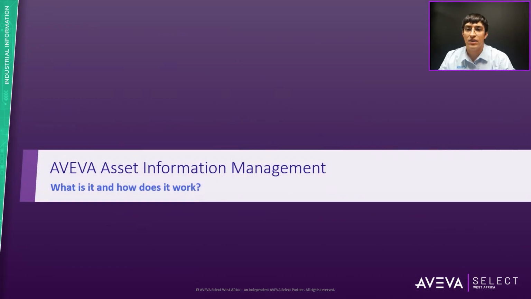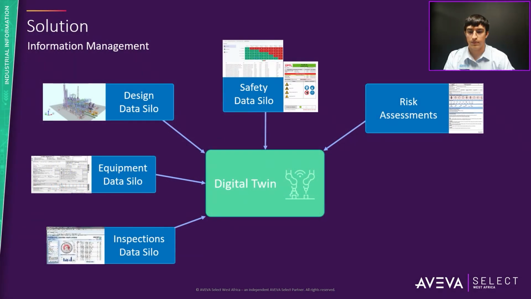AVEVA offers a solution, AVEVA Asset Information Management, also referred to as AVEVA AIM or just AIM sometimes, that has a built-in information standards manager. Asset information management offers a game-changing approach by providing a continuously evolving single source of truth throughout the asset lifecycle.